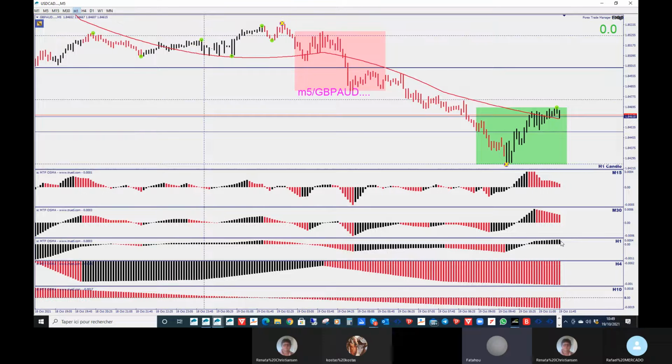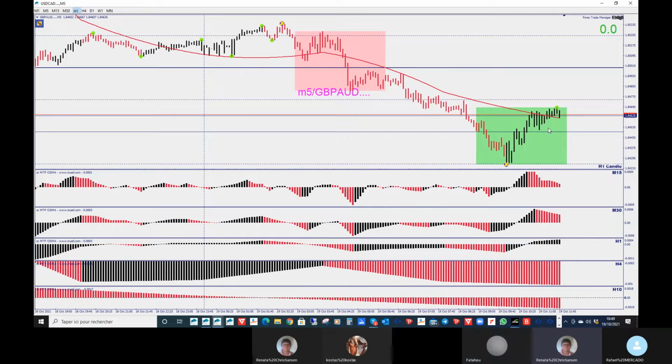Once it changes, your 30 minutes is already giving you a heads up. But the 30 minute has been going for a while, so you do have to be careful that the 1 hour hasn't turned yet, and the 30 minute can actually settle and continue to go up.